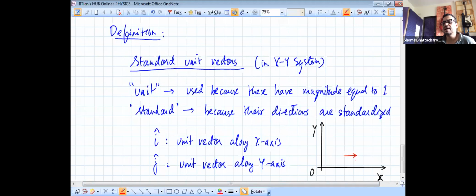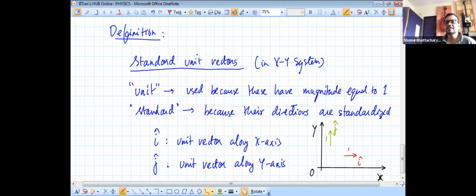It will be a vector जिसका magnitude 1 है, जिसका direction किसके along है, x-axis के along. Similarly, j cap will be a vector whose direction is along the y-axis, but again whose magnitude is equal to unity. So j cap will again have a magnitude of unity, but its direction is along the y-axis.